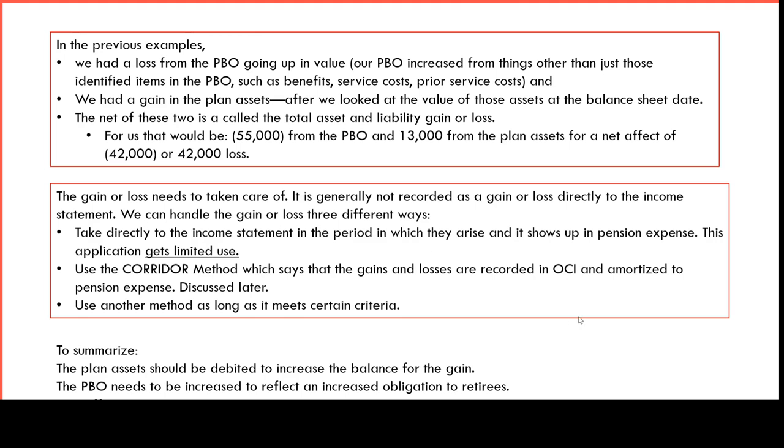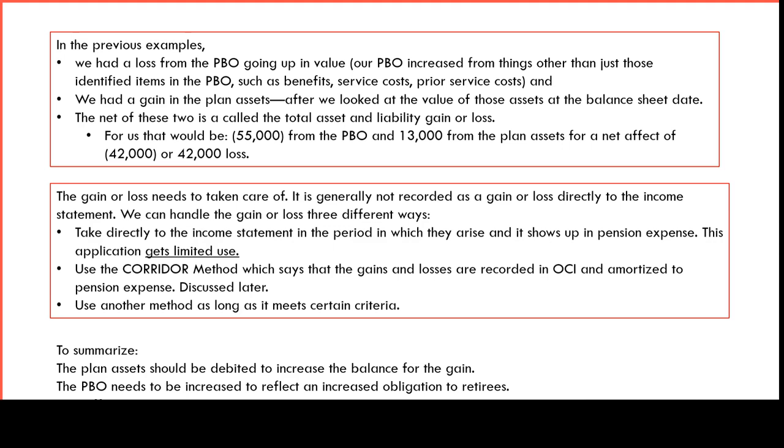Generally what happens is it goes into OCI, and if OCI gets out of control, then we take it to pension expense. Now, under the first bullet, it says you can take it directly to your income statement, but I'm going to tell you companies would not do this.